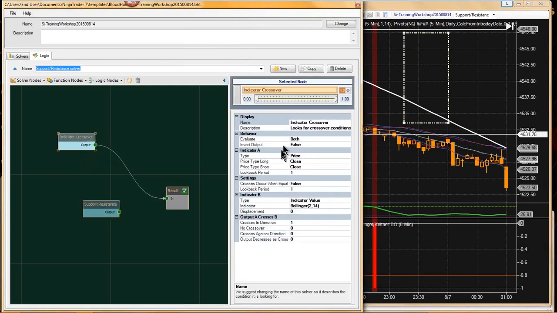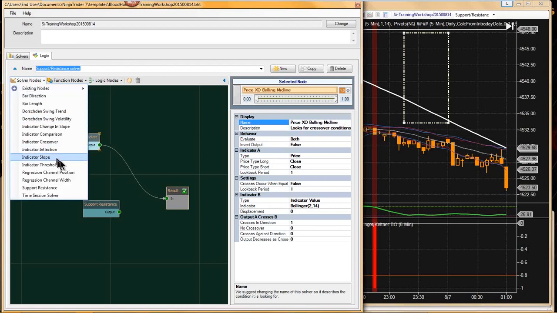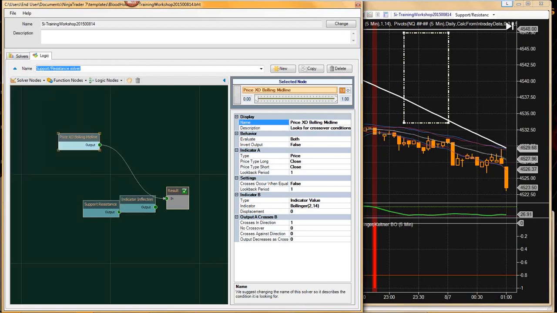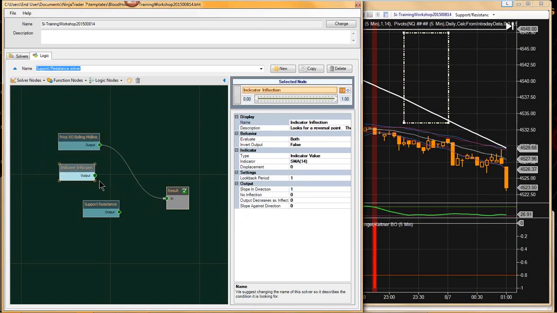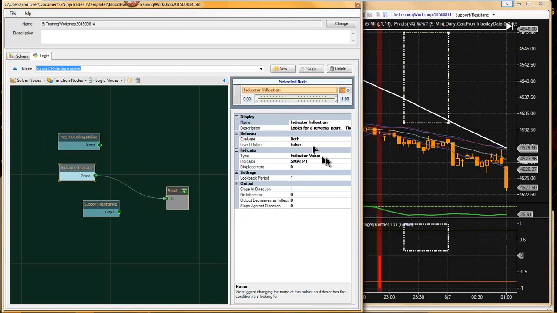So I'm going to generate something that's going to make even more trade signals here.